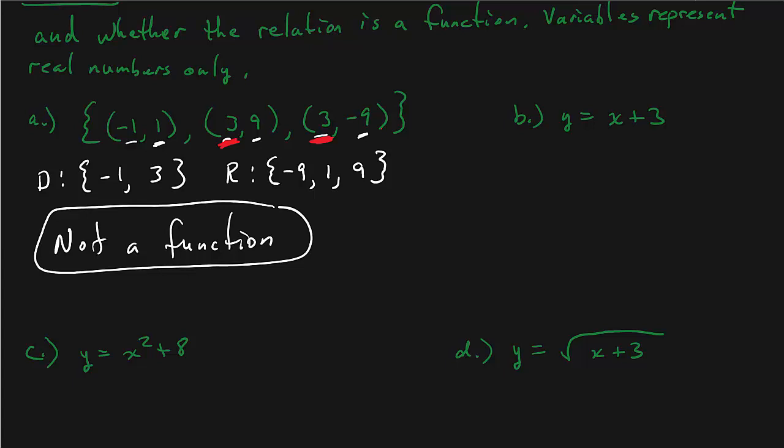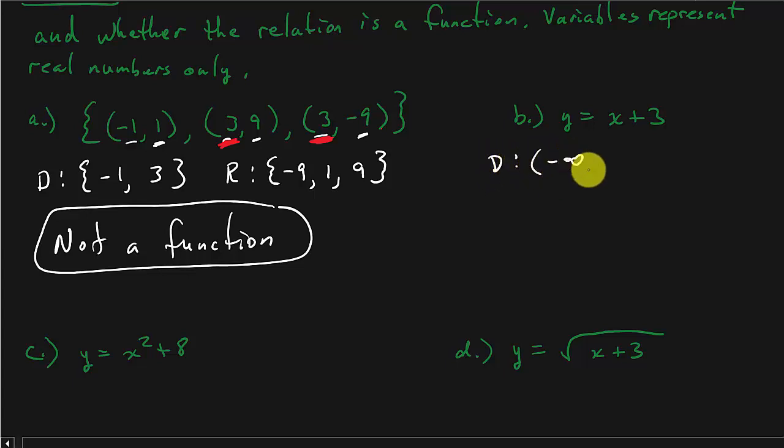Can I plug any negative number I want in there? Sure. -5 plus 3 is -2. What about -1 billion plus 3? There's nothing wrong with that either. And so the domain here is all the real numbers, -infinity to +infinity.